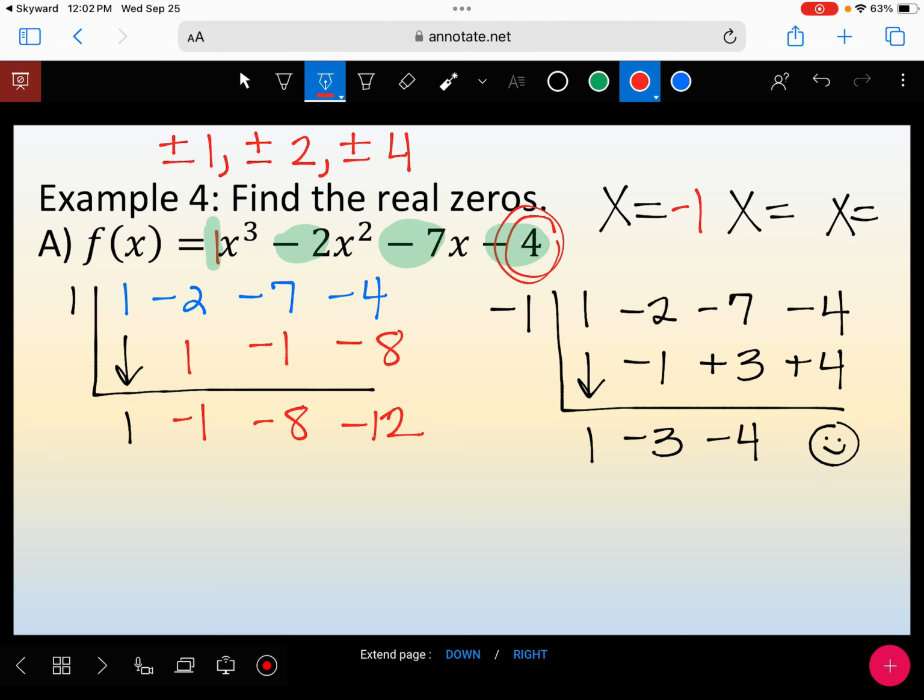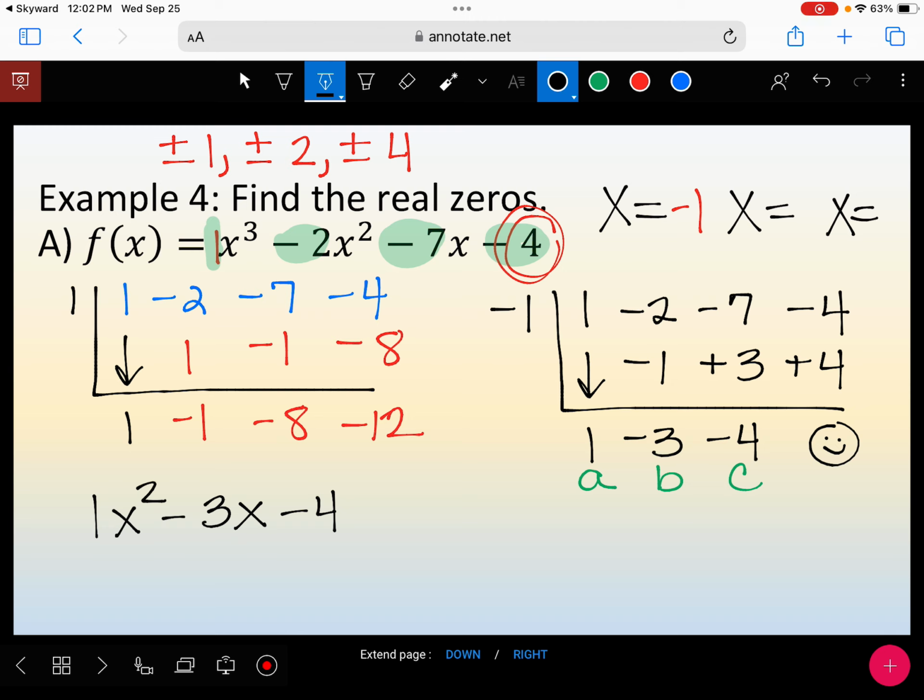So now to find the last 2, these 3 numbers are your a, b, and c value for your quadratic. So we have 1x squared minus 3x minus 4. Go ahead and factor that. Find your 2 numbers. We can do a shortcut, right? Because a is 1.